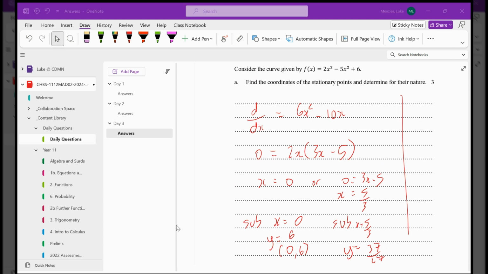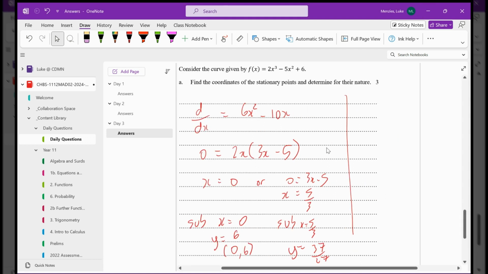So from there, what have we got to do? We have to go to the second derivative, and we'll plug both those values in. So let's do that. Second derivative, d squared y on dx squared, becomes 12x minus 10.